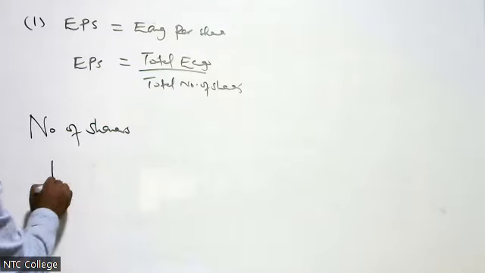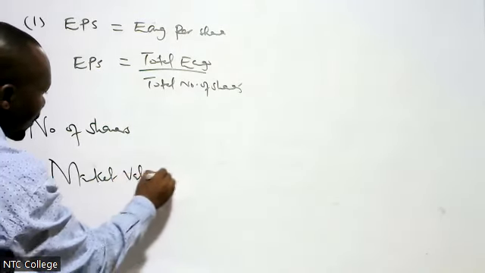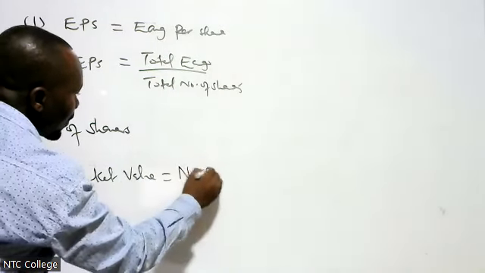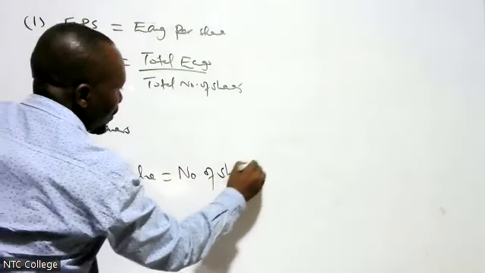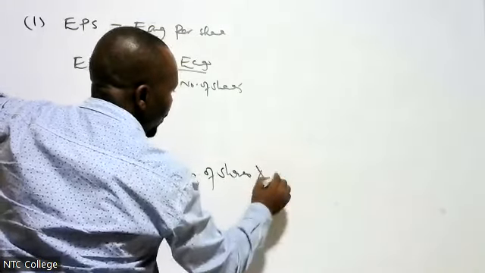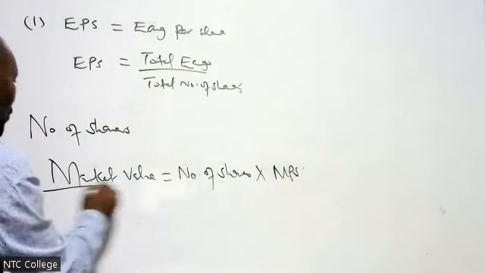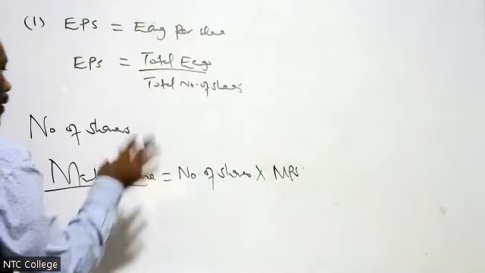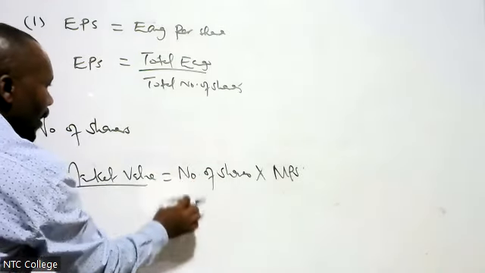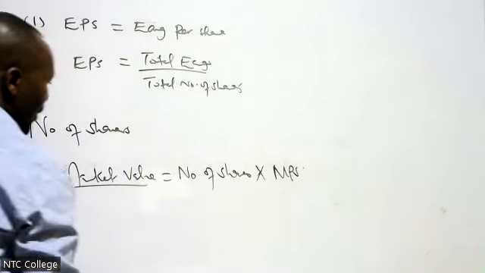Remember, the market value is the number of shares times the market price per share, which we call MPS. The value of the company is the total number of shares times the value in the market for each share.